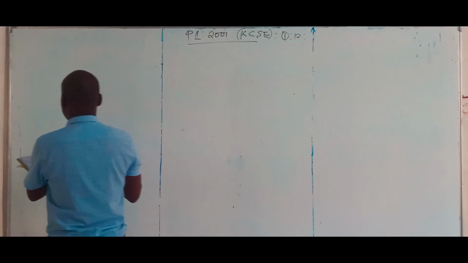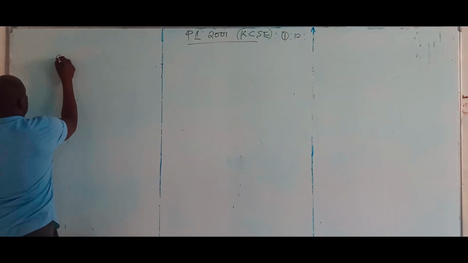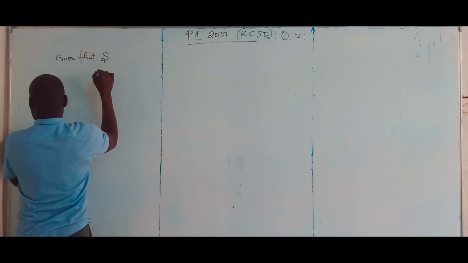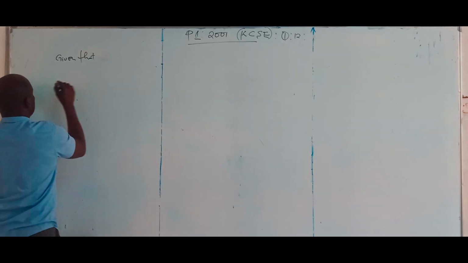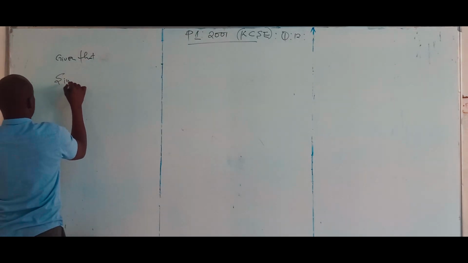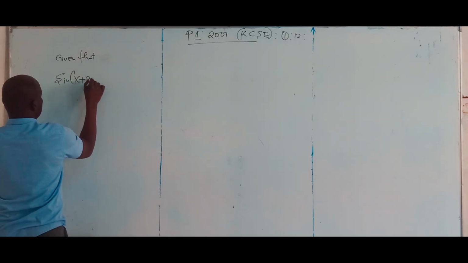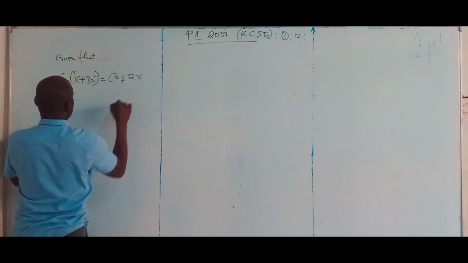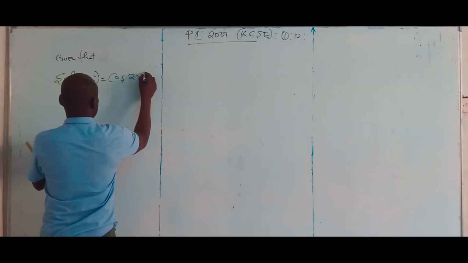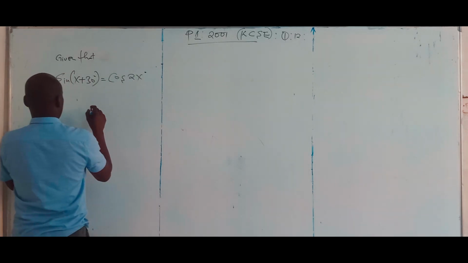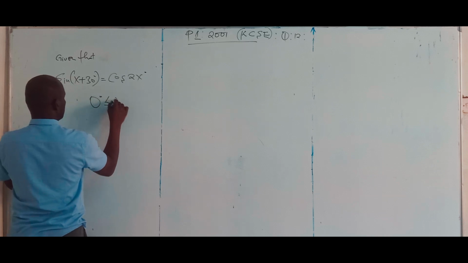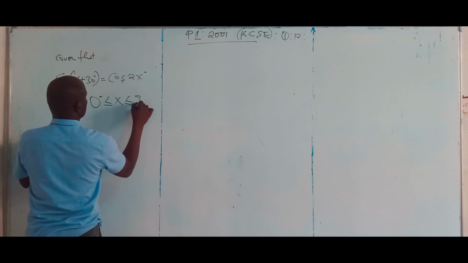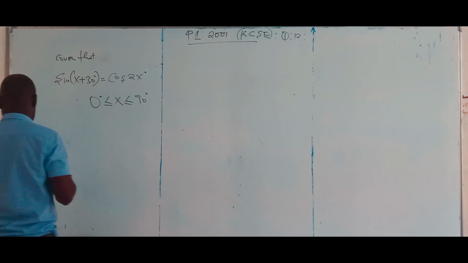Given that sine of (x plus 30) degrees is equal to cos of 2x degrees for x between 0 and 90 degrees.